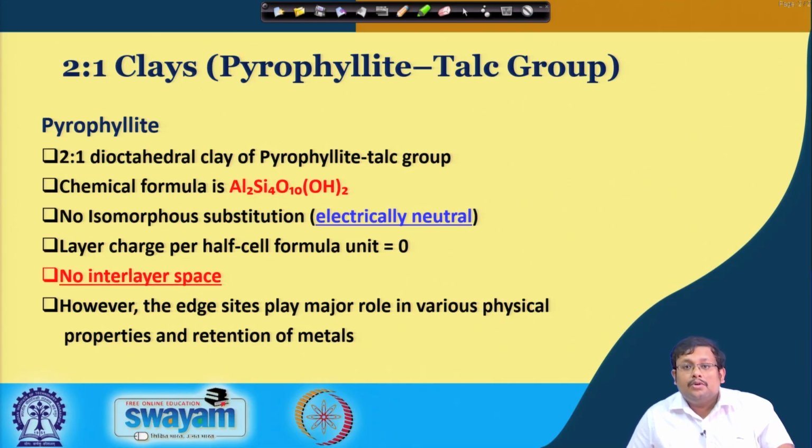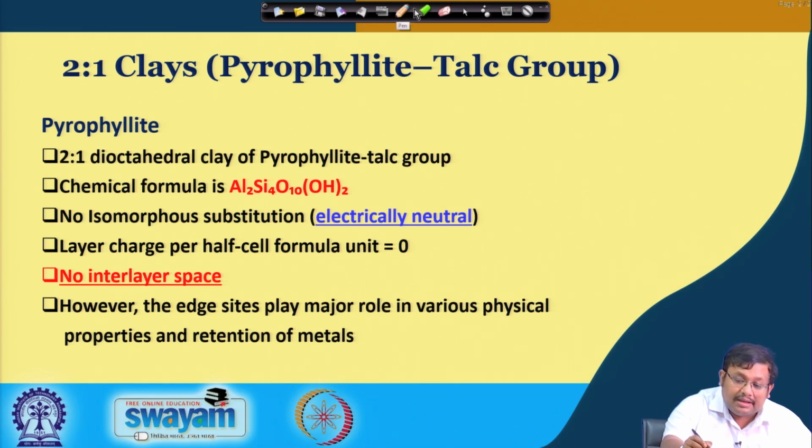Now, let us move to 2:1 type of clays. At first, in the 2:1 type of clay, let us talk about the pyrophyllite talc group. Now, pyrophyllite is a 2:1 dioctahedral clay, and it belongs to this pyrophyllite talc group.